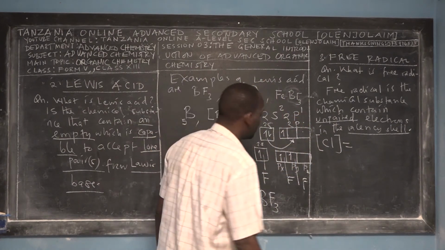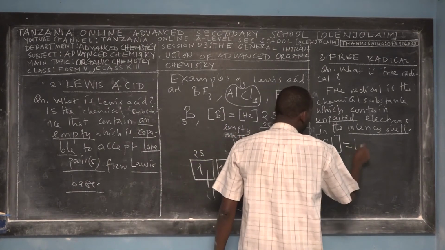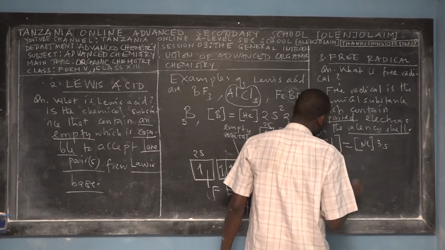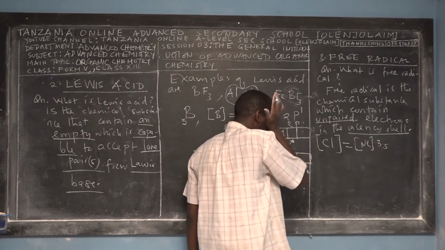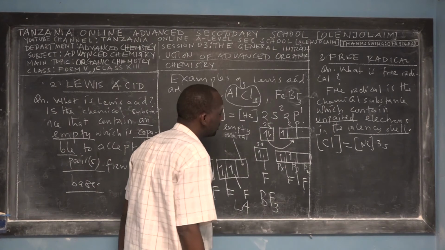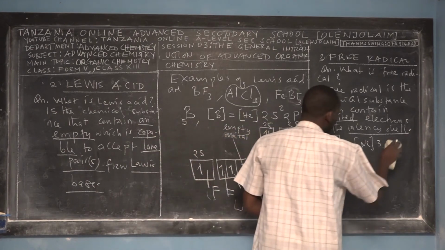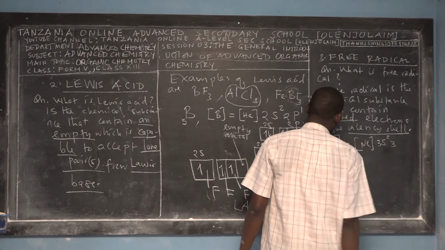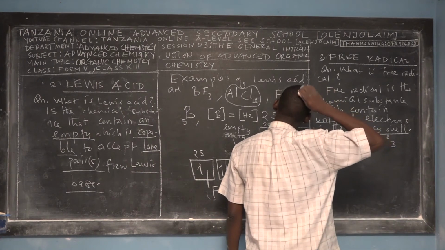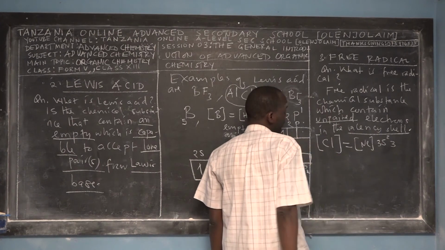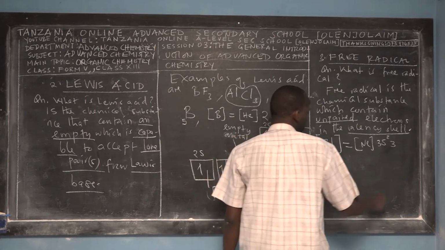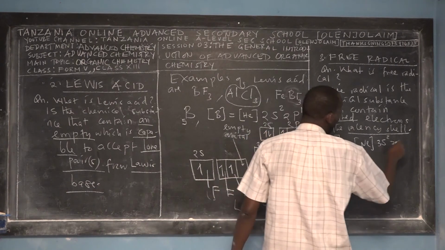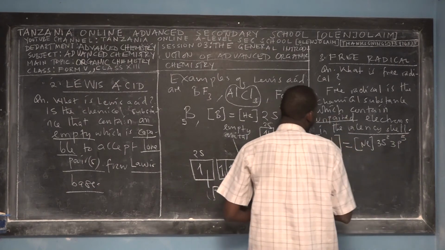If we write the electron configuration, we have neon, 3s squared, then 3p five.